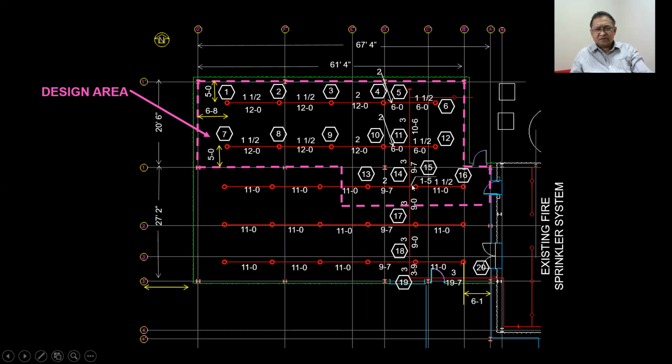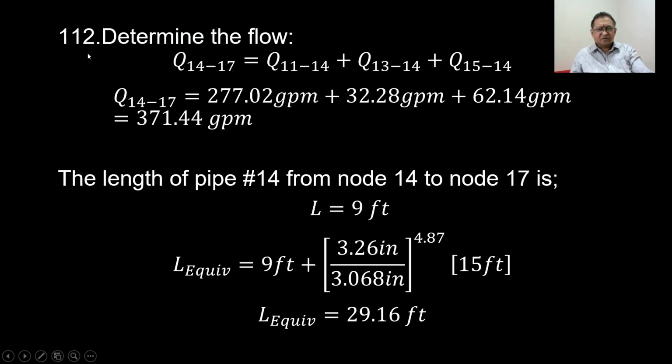So we have now solved this branch, and now we will proceed to the pipe between junction number 14 and junction number 17. So to obtain the flow from node 14 to node 17, we add the flow from node 11 to node 14, plus the flow from node 13 to node 14, plus the flow between node 15 to node 14.